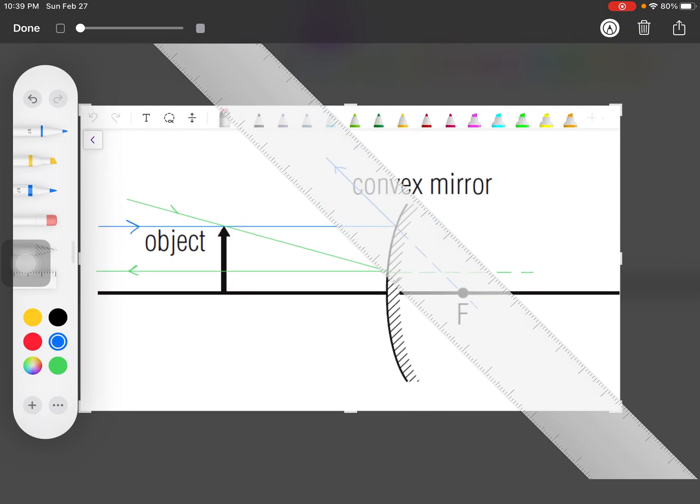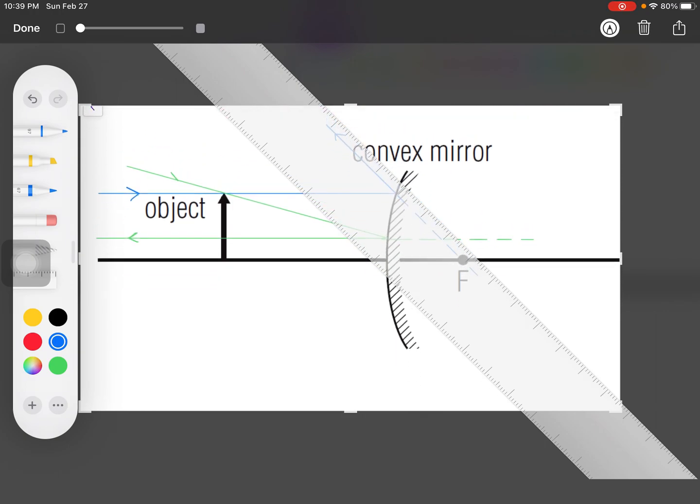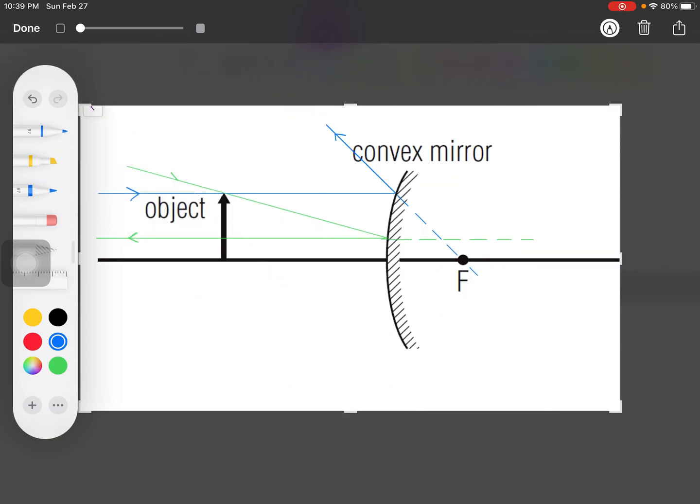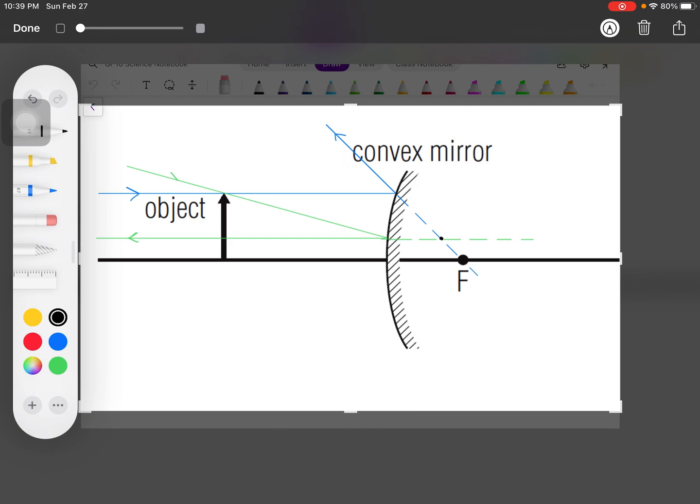And the point where we will see our image is going to be where those extended lines of the reflected rays meet, which is over here.